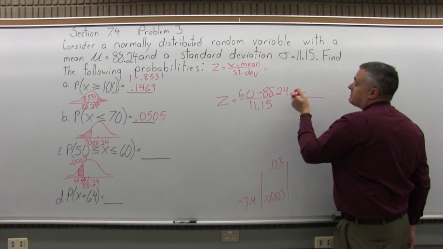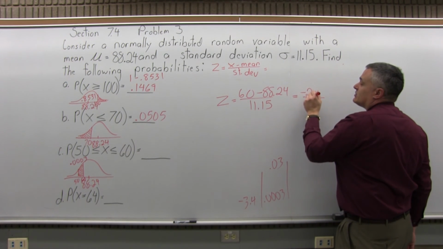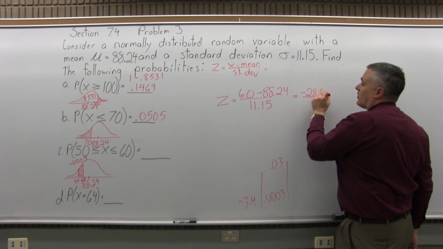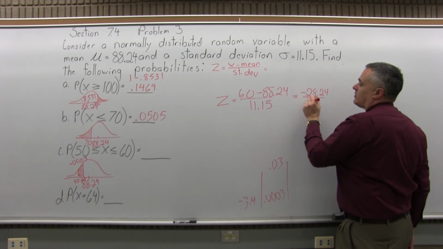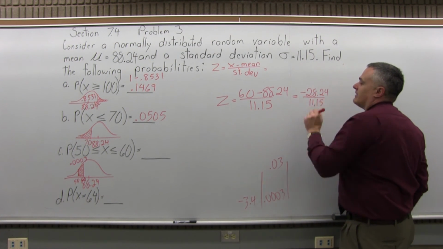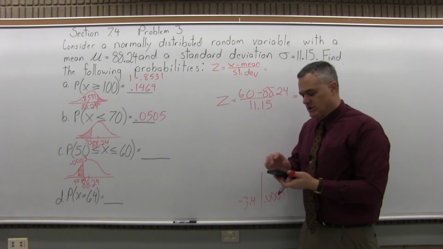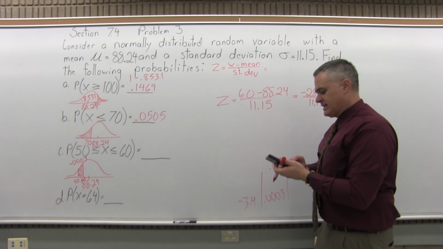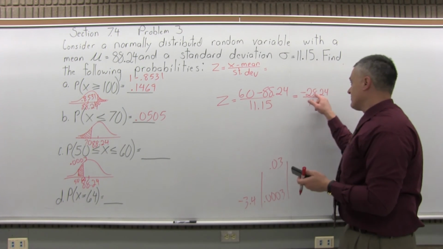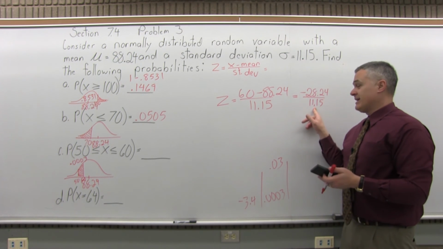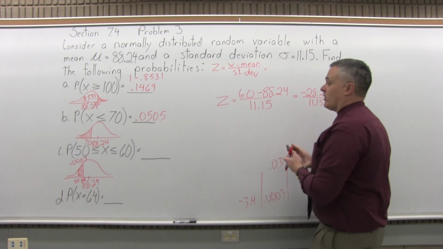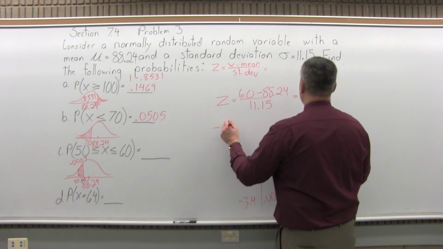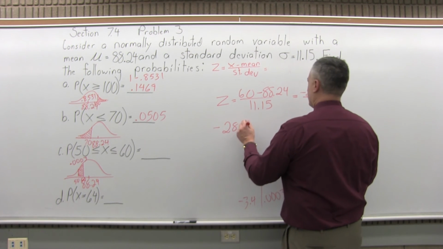And again, the top seems reasonably easy. It should be negative 28.24. I'll verify that with the calculator. On the bottom, 11.15. So just double check the top. 60 minus 88.24, sure enough, is negative 28.24. And I want to divide it by 11.15. Not easy to do in your head, so I will use the calculator.